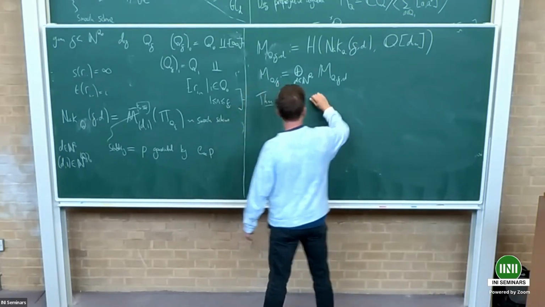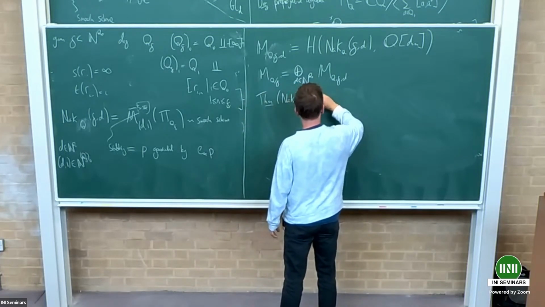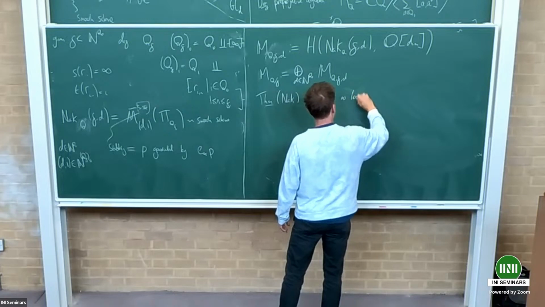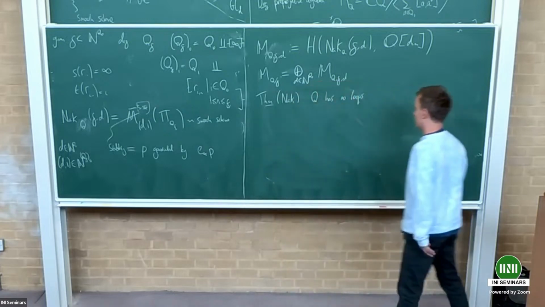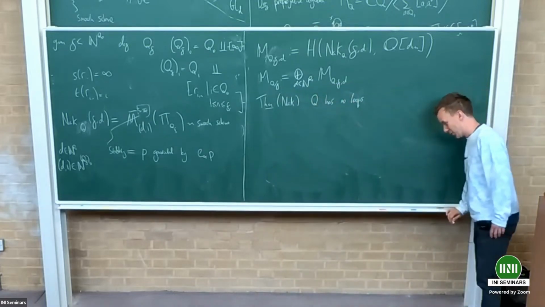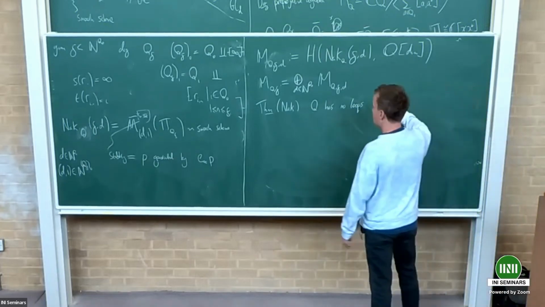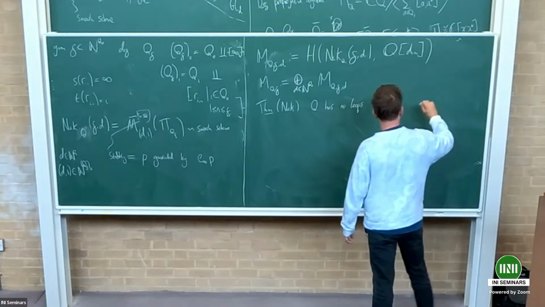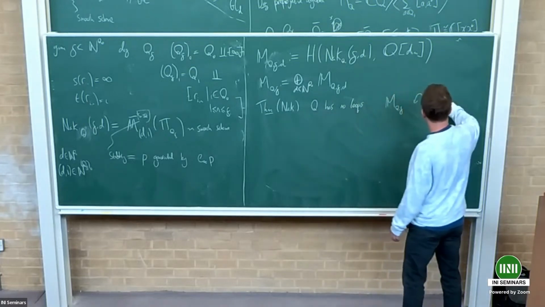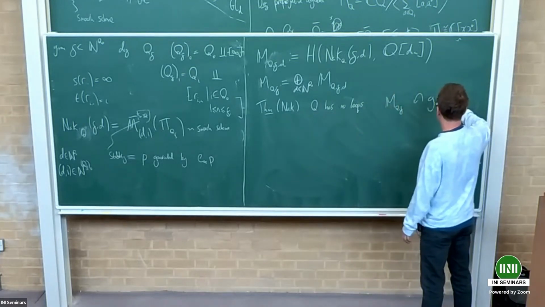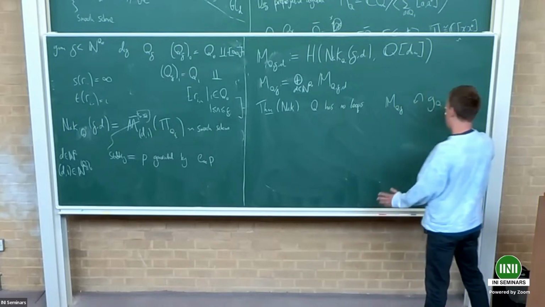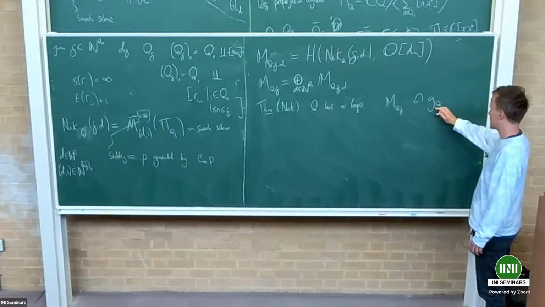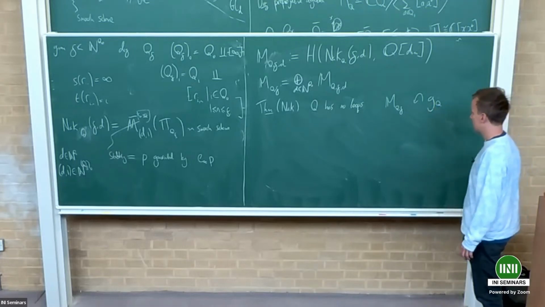Theorem of Nakajima: if Q has no loops, then MQF carries an integrable representation, a special representation of the Kac-Moody Lie algebra associated to the underlying graph here.